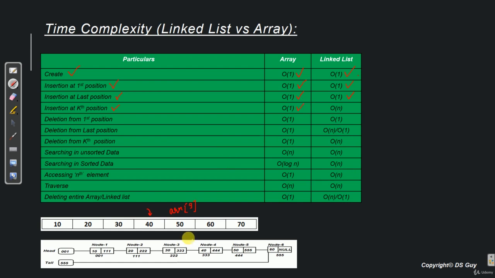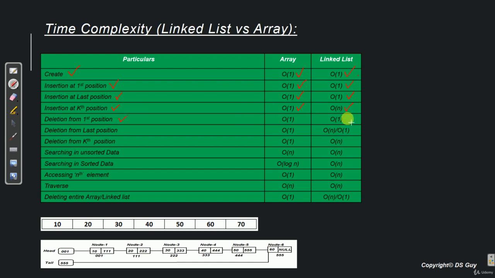However, in case of a linked list, if we want to store a value at node 3, we have to start from node 1 and keep traversing till we reach node 3. So this will take order of n time in the worst case, because we might have to travel almost the entire list in this case.